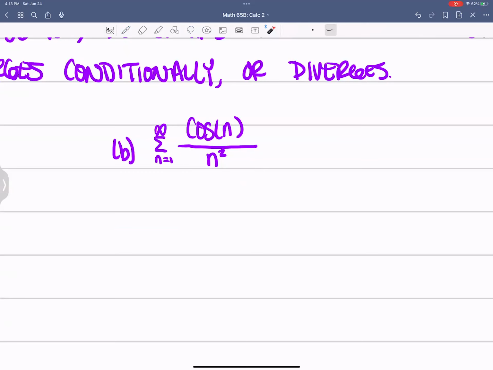Earlier in this chapter, we did something called the squeeze theorem. The squeeze theorem told us to look at negative 1 over n squared, which is less than or equal to cosine of n over n squared, which is less than or equal to 1 over n squared.